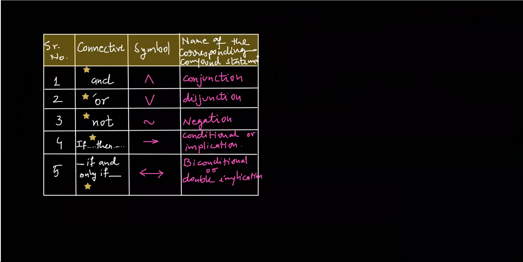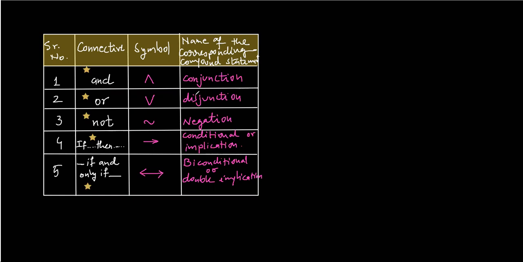The next one, if I'm using a logical connective or, I will use this symbol. It looks like V in the English alphabet. And when I use this logical connective, I get a compound statement. That compound statement will be named as disjunction.